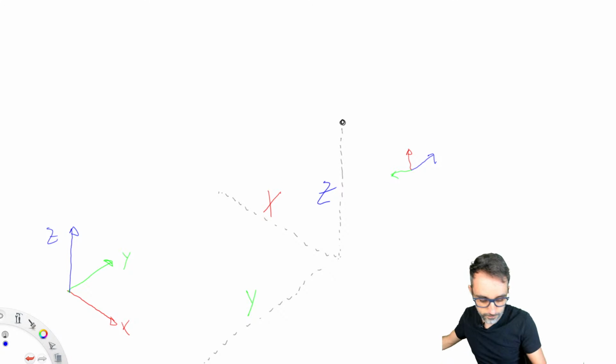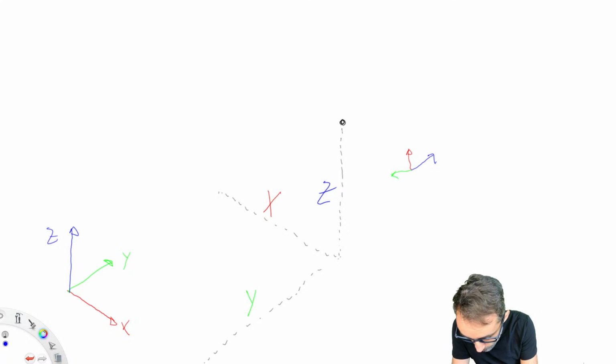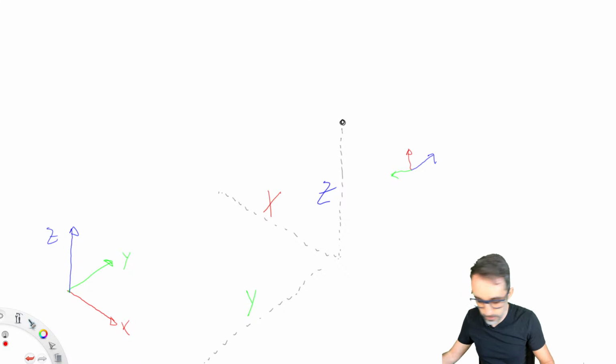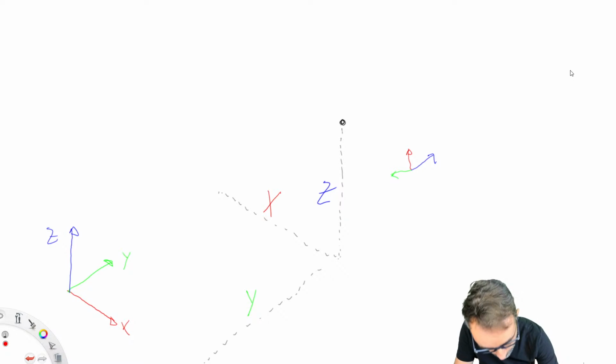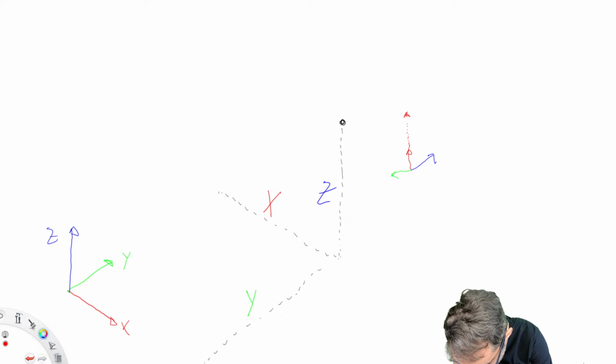All right. Now, what I want is another layer where I can say, well, now, what is the projection in the x direction? It's this one. What is the projection in the y direction? It is this one.